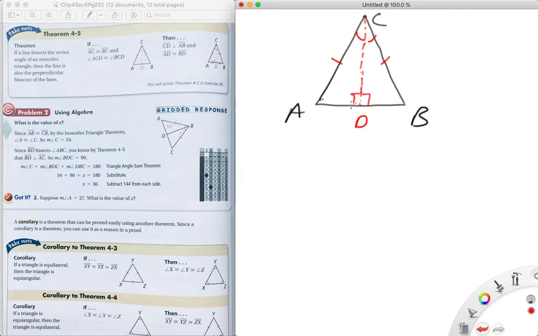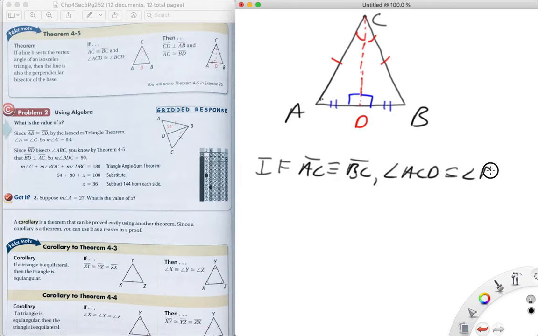This is perpendicular. Actually, I'll do it in blue. This is perpendicular, this is perpendicular, and since it's a bisector, it's going to cut that in half as well. Right? So if AC is congruent to BC, meaning I have an isosceles triangle, and angle ACD is congruent to angle BCD, which makes this an angle bisector, then I can say that this is also a perpendicular bisector of the base.